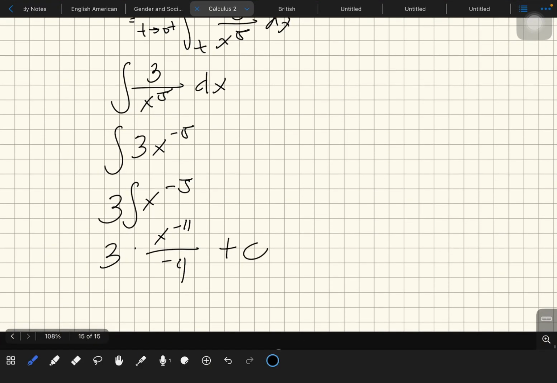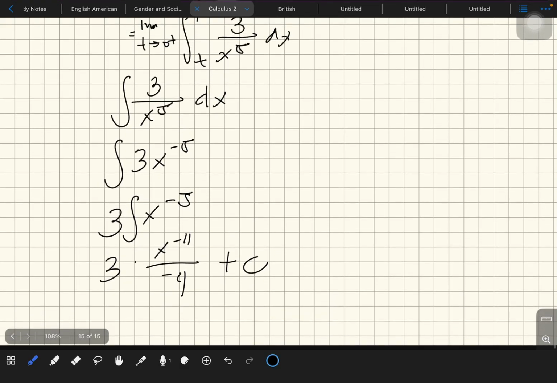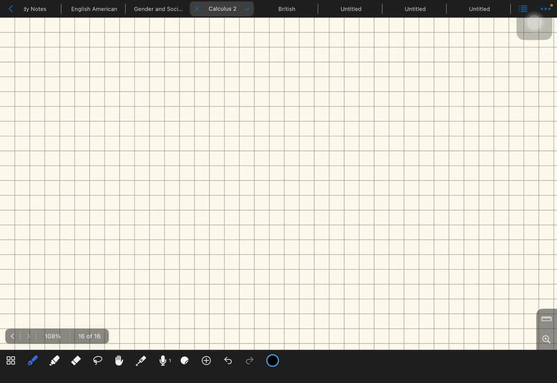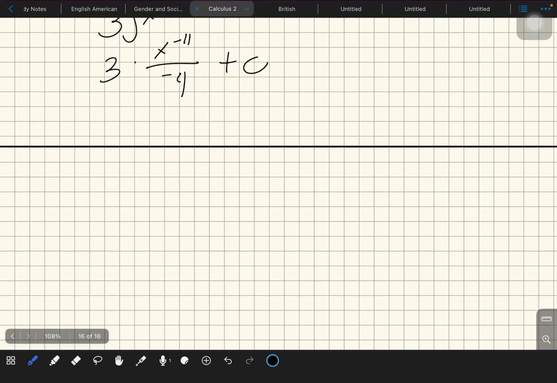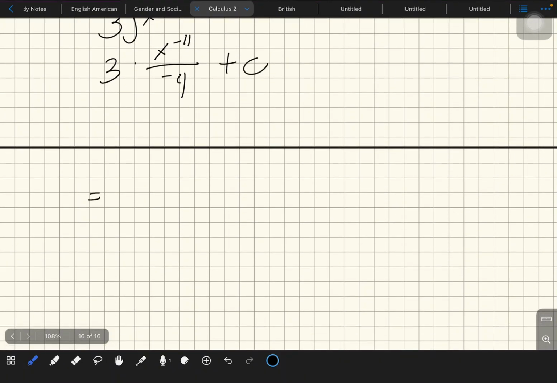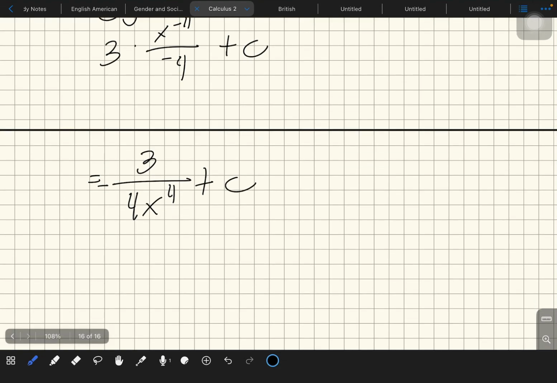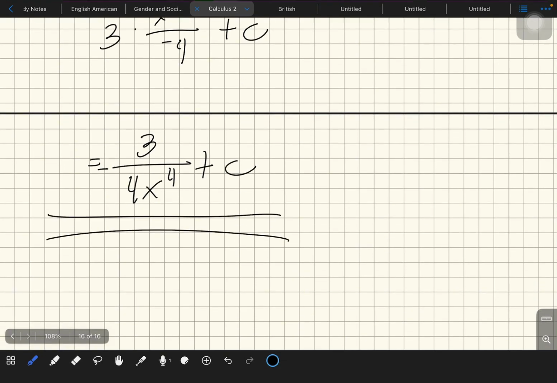To be formal, let's have that plus c. So this is equal to 3 times x raised to negative 4 over negative 4, which is negative 3 over 4x raised to 4 plus c. So now we have our value of the integral.